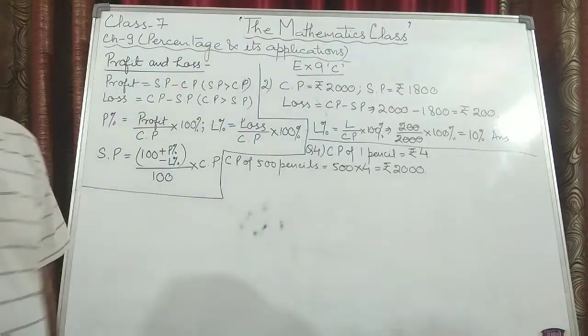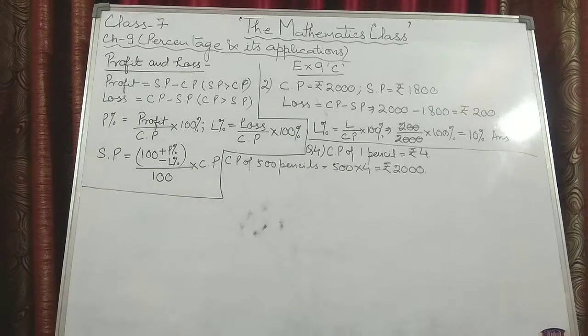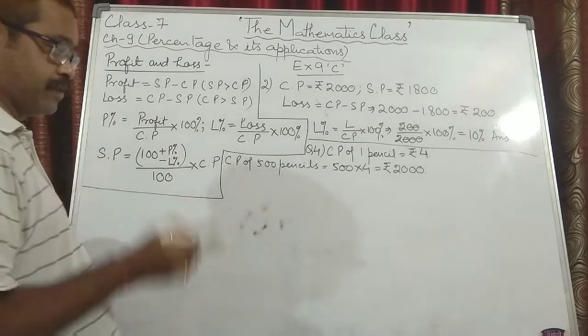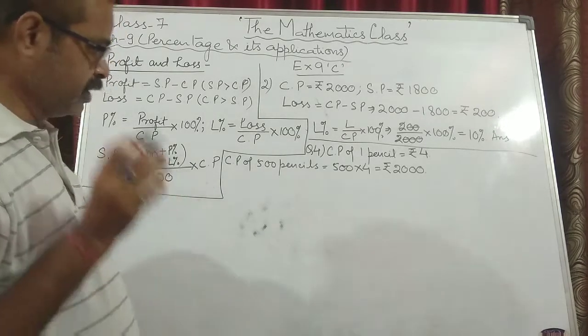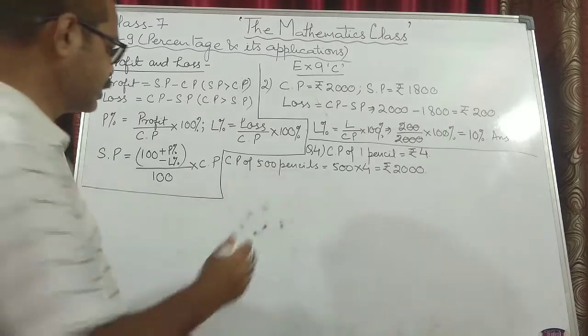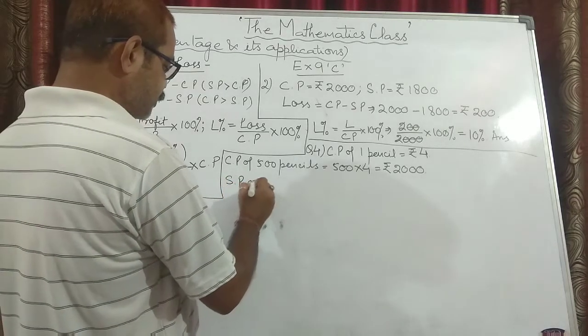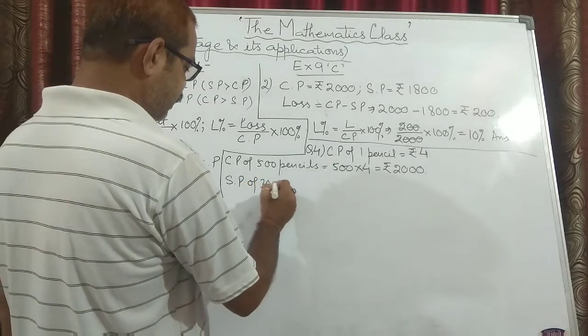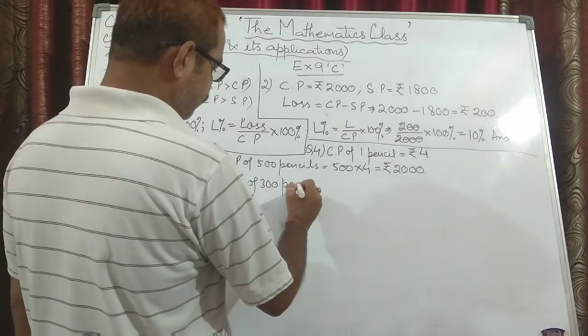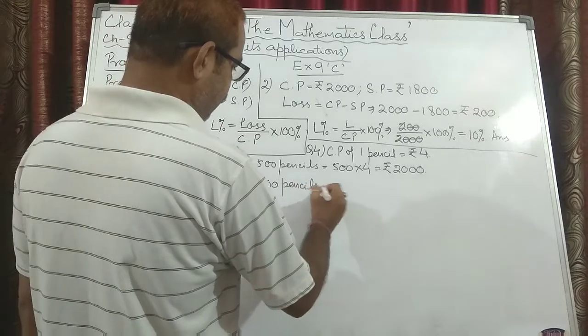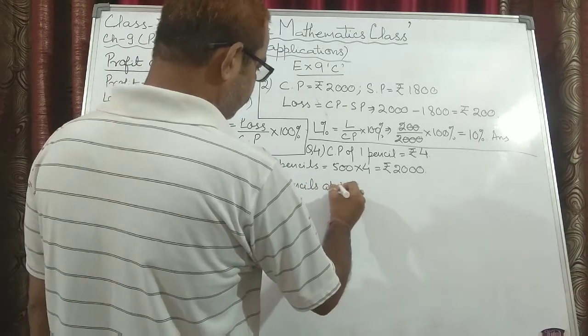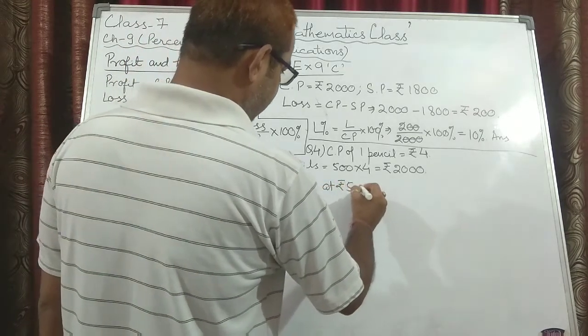Now what do they say? They say that he sells 300 of them at rupees 5. Means out of 500 pencils he is selling 300 pencils at rupees 5 each.